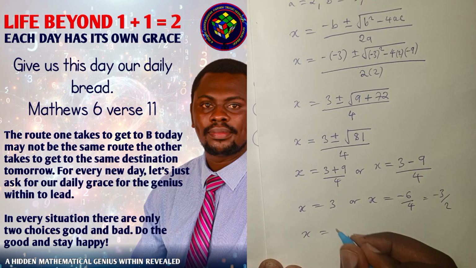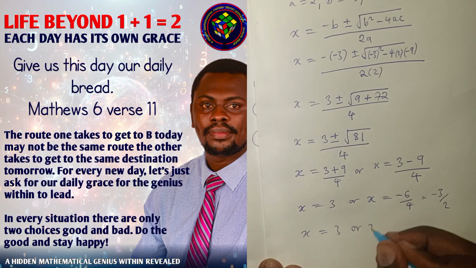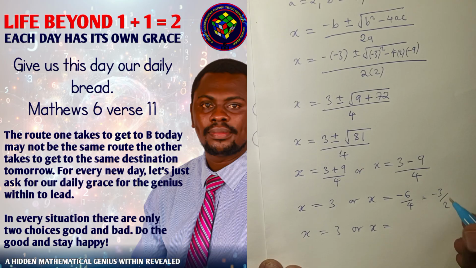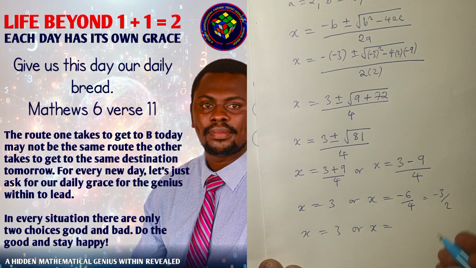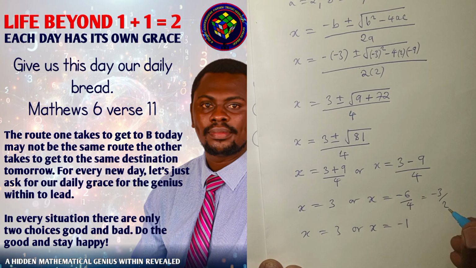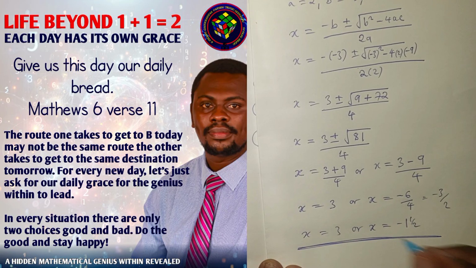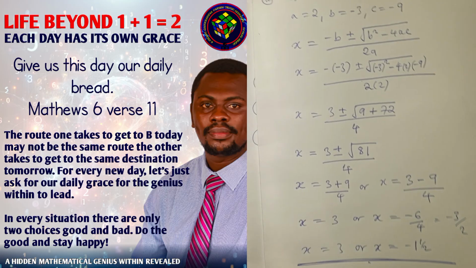So x is equal to 3, or x is equal to, 2 in 3 is 1, so negative 1 with remainder 1, over 2. Okay, so those are the two possible solutions: x is equal to 3, or x is equal to minus 1 over 2.